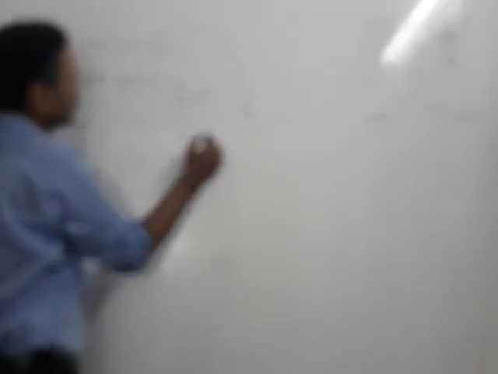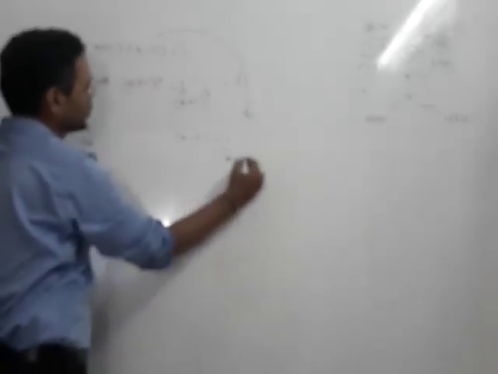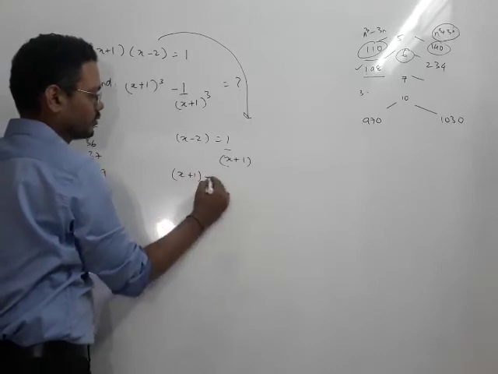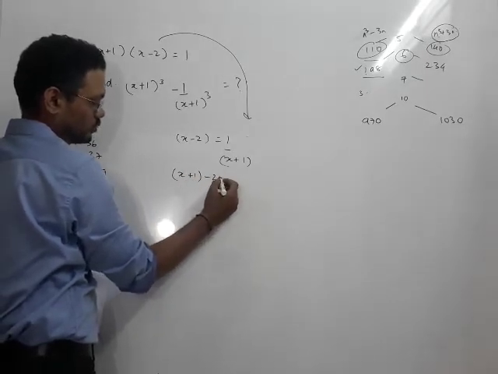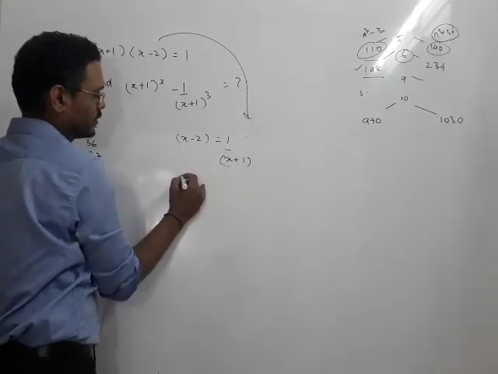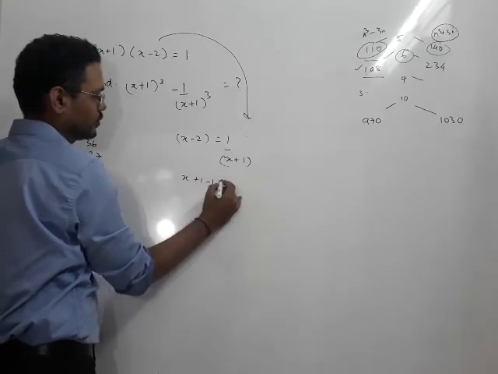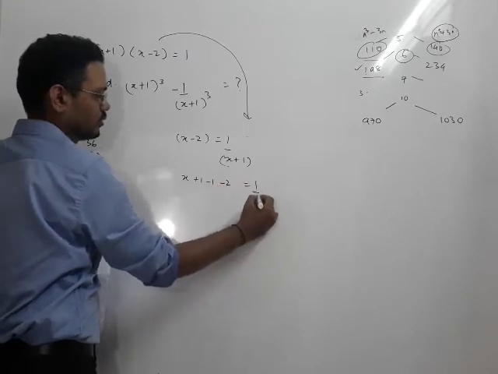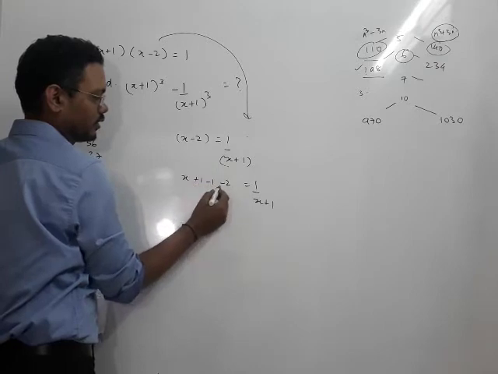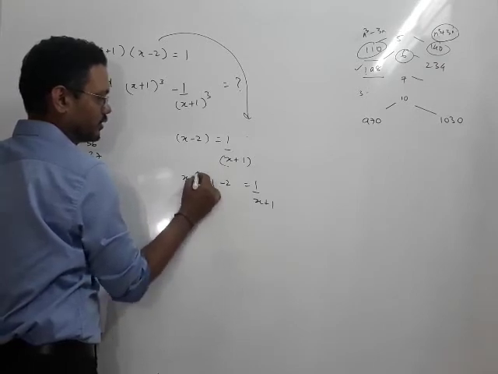So x minus 2 will become 1 upon x plus 1. So I will write this as x plus 1 minus 1 minus 2, 1 upon x plus 1. I have added this in between.